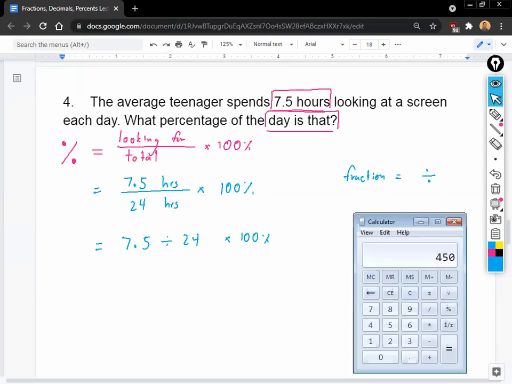On your calculator, you can just plug in 7.5 divided by 24 and then times 100, and that'll give you 31.25. So the average teenager spends about 31.25% of the day on their phone or computer, which is a lot of time.